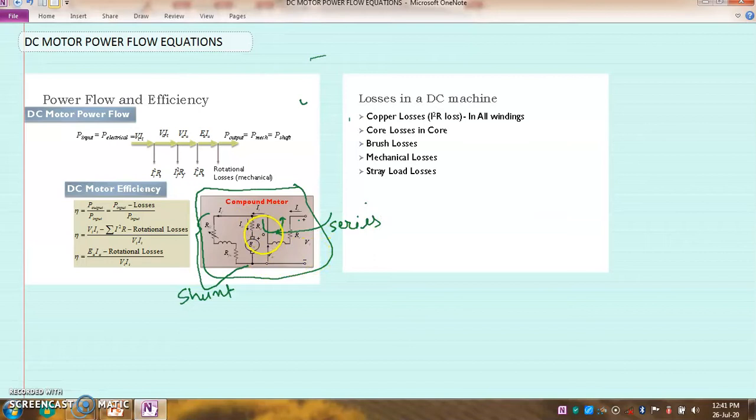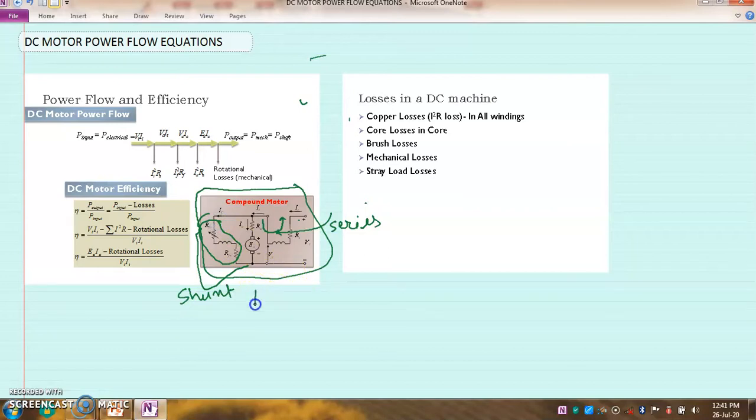This RA is the armature resistance, and this RF, the whole resistance from here to here, includes a variable resistance and the field resistance. The summation of this portion and this portion is called the field resistance.